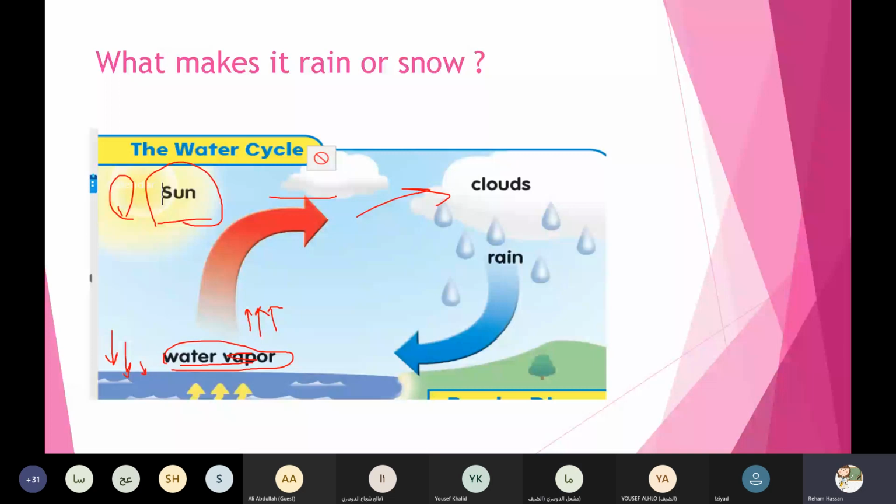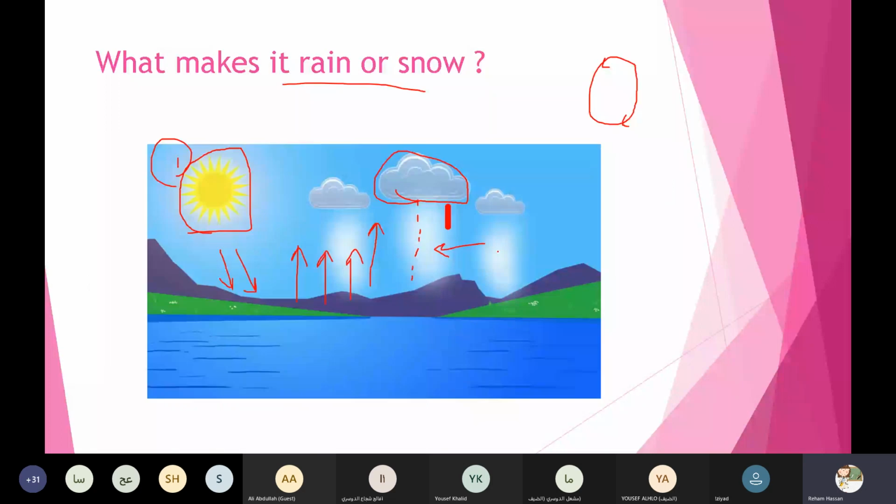So Abdullah, now the clouds are formed from the water vapor. When the water vapor goes in the air, like this picture, and then it cools, it makes the clouds. Thanks a lot, Abdullah.